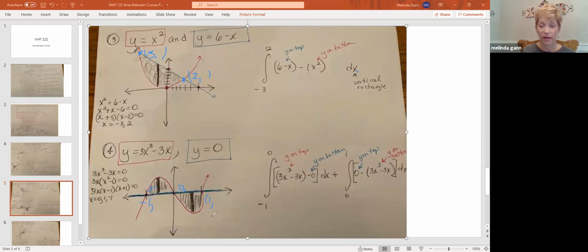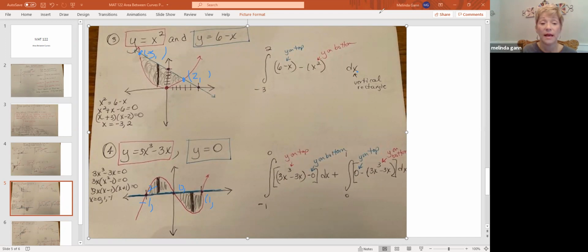The reason, as we talked about last time, is that if part of your graph is above and part below, the integration is the difference in the 2. So when things change, if you want the area, you're going to split them up into more than one integration. Now, sometimes you can avoid splitting them up.